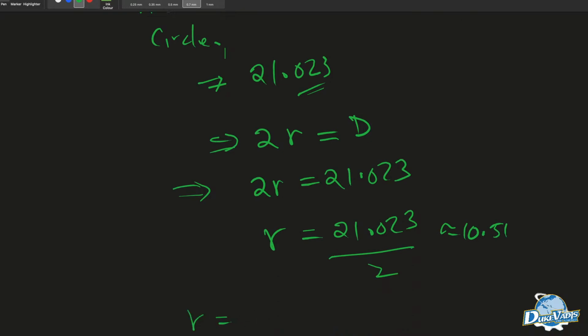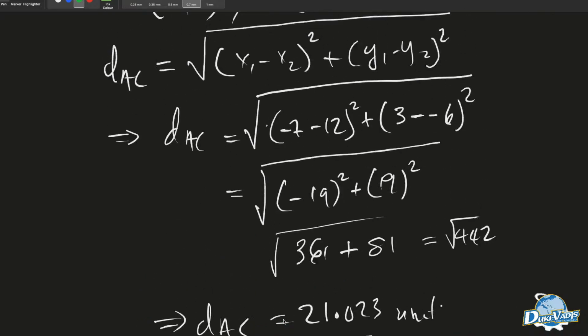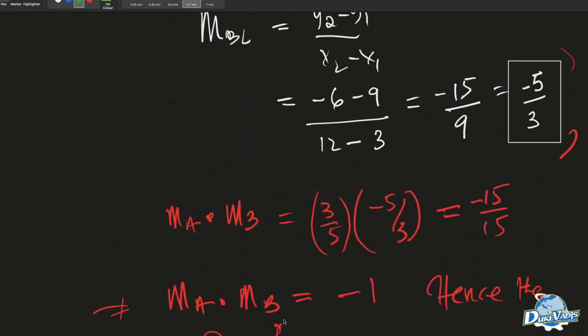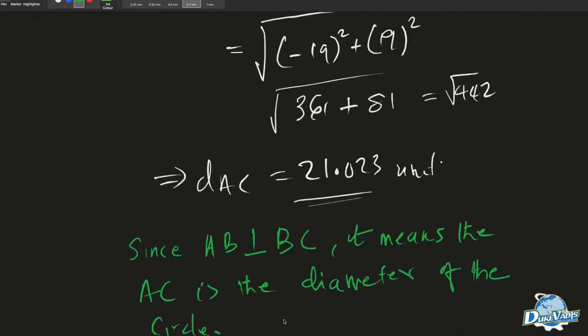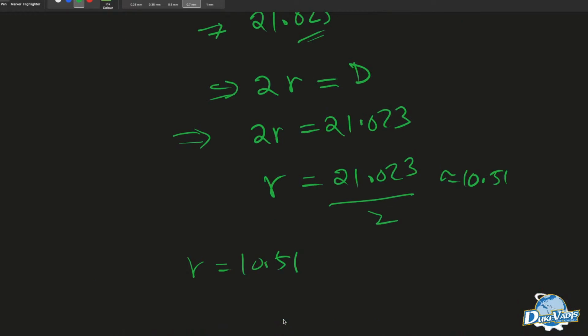Radius to be 10.51. How do we get the center of the circle? Now we want to find the center of the circle so that we'll be able to construct the circle.